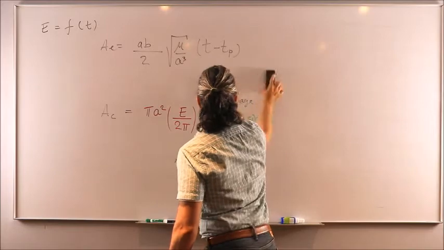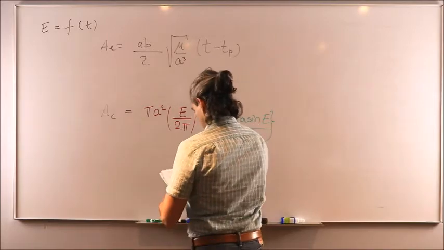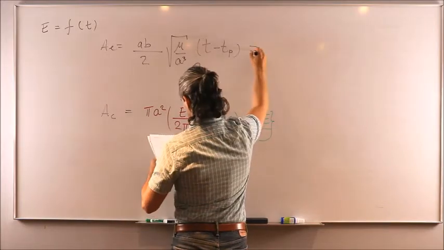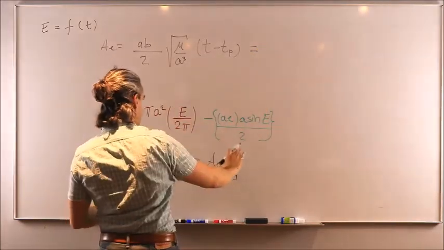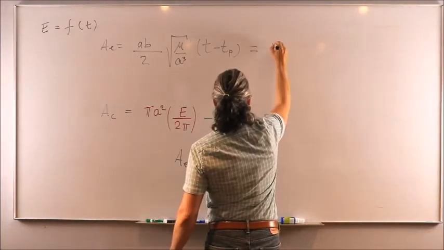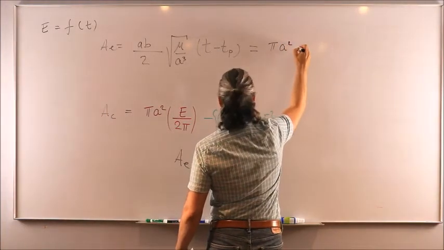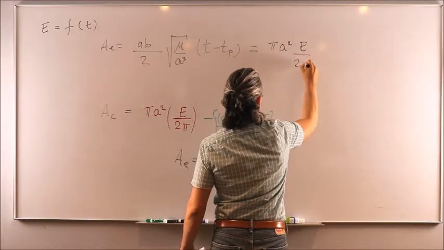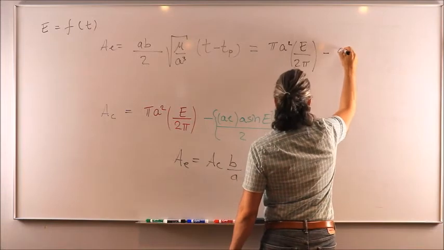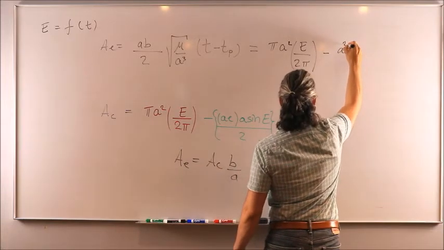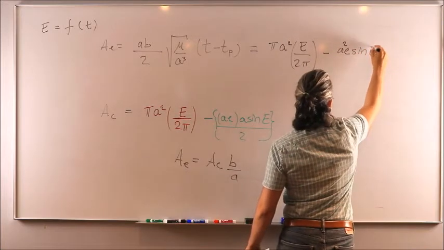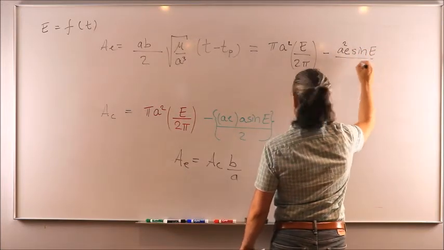We write that AE, which is this, is equal to all of that times the ratio B over A. Equal pi A squared eccentric anomaly over 2 pi minus A B and A squared B sine eccentric anomaly over 2.